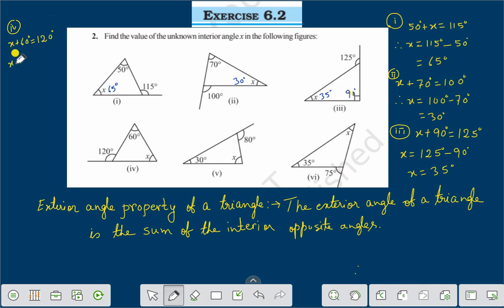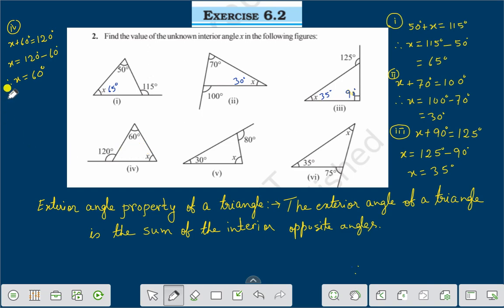Therefore, x is equal to 120 degree minus 60 degree, that is 60 degree. Right? Therefore, we can write here 60 degree.